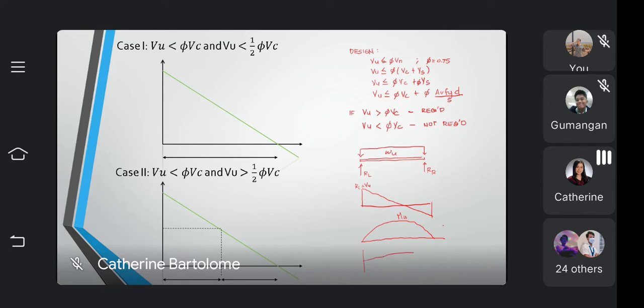Okay? Diba, meron din tayong cantilever. Okay, so sa cantilever, saan yung maximum moment? Saan ang maximum moment ang cantilever? Maximum moment? Hala, hindi siya alam. Saan ang maximum moment pag cantilever?